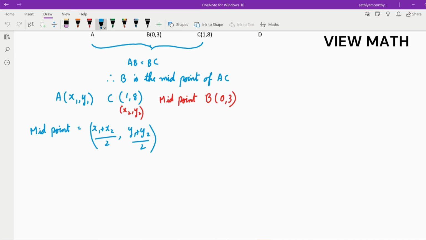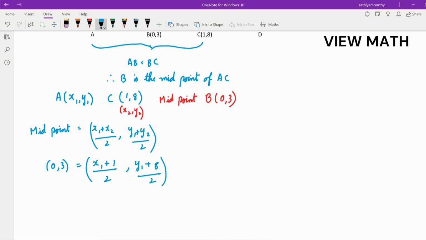Midpoint is B here. So let me substitute (0, 3) equal to (x1 plus x2 by 2, y1 plus y2 by 2). So x1 I have to find out. x1 plus x2, which is 1, divided by 2, comma y1 I have to find out, y1 plus y2, which is 8, divided by 2.